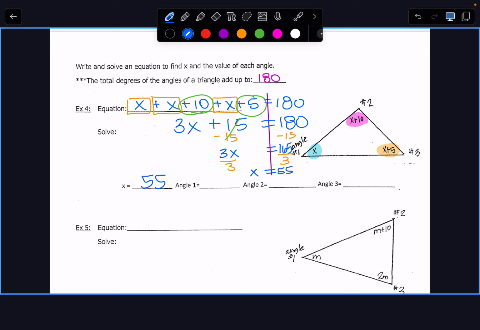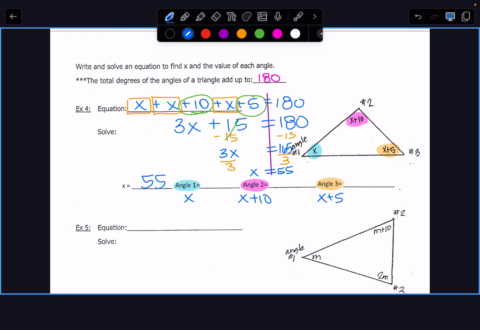Okay, now, not only are we looking for x, but we also want to know what these 3 angles are. So, like angle 1, we know is x. And angle 2, we know is x plus 10. And angle 3, we know is x plus 5. Okay? So if x is 55, what do we know about angle 1? It's what?